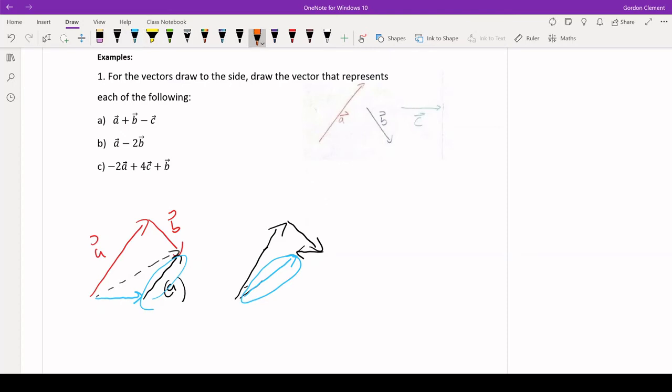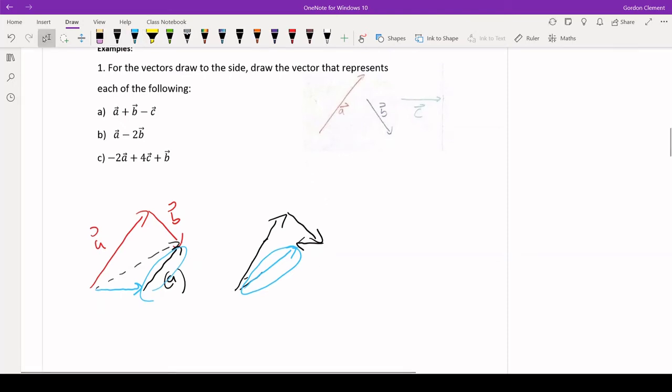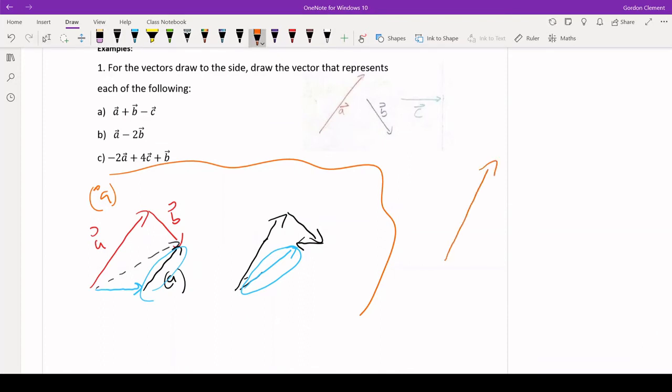So for part B, all of this are 2 different ways to draw part A. For part B, A minus 2B, so I can draw A that way, we'll say. I can draw B twice as long in the same direction, but have them tail to tail.